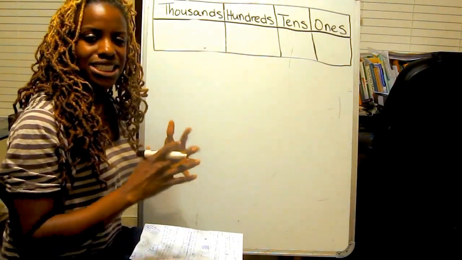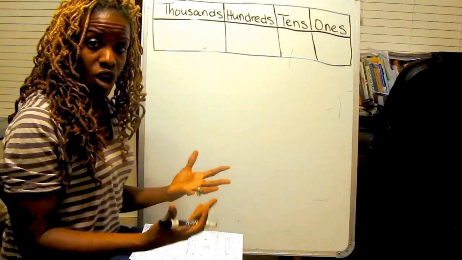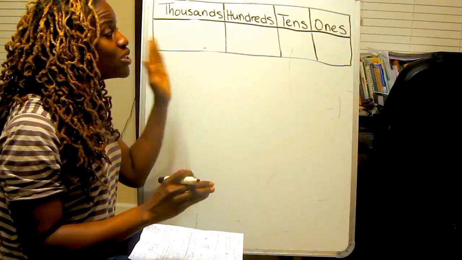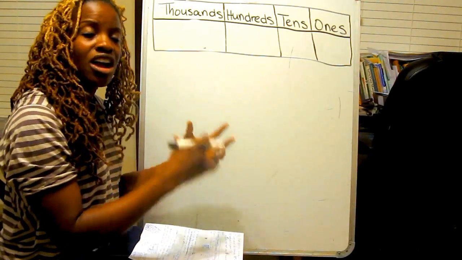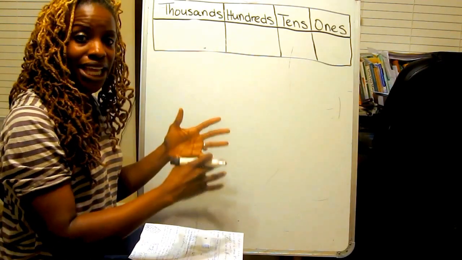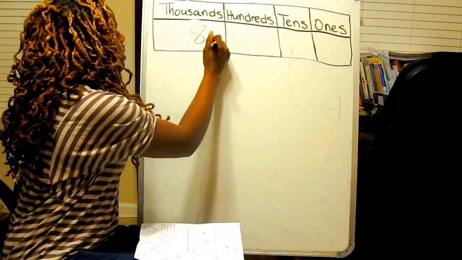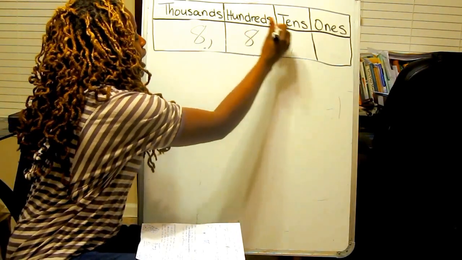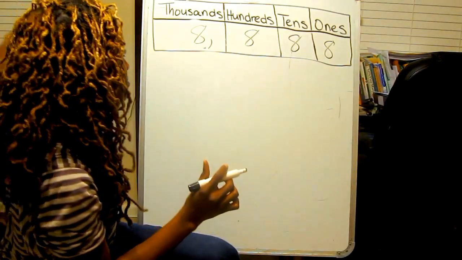Now let's see the relationship more clearly if the digits were all the same. I'm just going to use the same digits so we can get a better picture of how each place is related. So let's use the number 8,888.